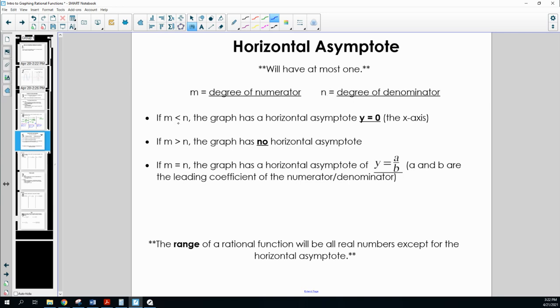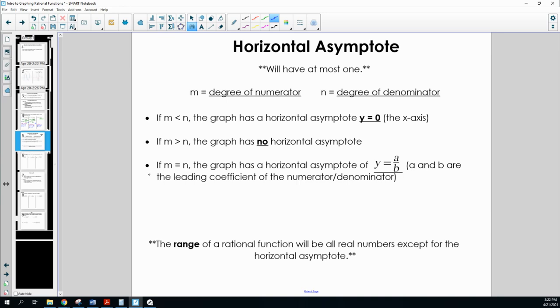If m is less than n, the graph has a horizontal asymptote of y equals 0, which is the x-axis. If m is greater than n, the graph has no horizontal asymptote. If m is equal to n, then the graph has a horizontal asymptote of y equals a over b, where a and b are the leading coefficients of the numerator and denominator.